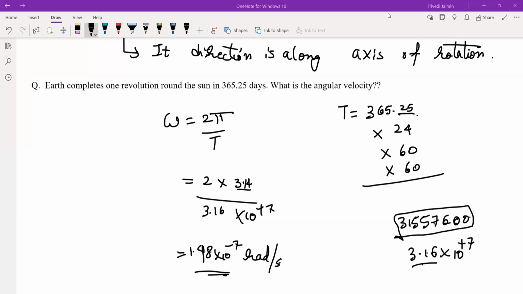Yes, everyone got this? Neha, Kavalika, Tanishq, yes. Everyone?